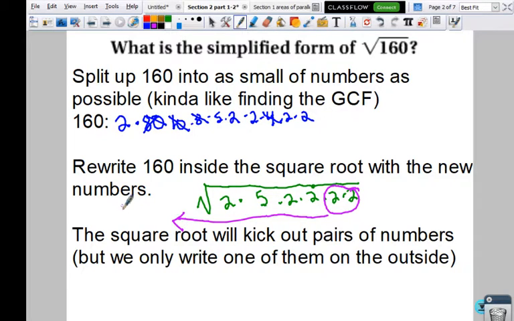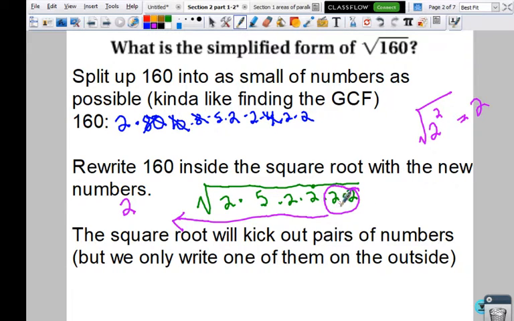Instead, we're going to have a 2 on the outside. The reason this happens: if I had a 2 squared and then I square rooted it, the squared and the square root disappear, and it's just 2. It's the same idea, we're just writing it out in a simpler way.